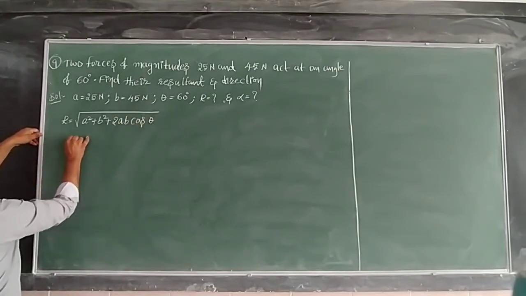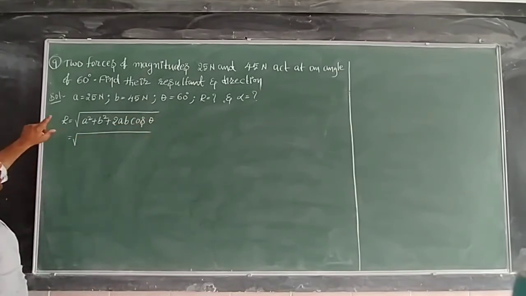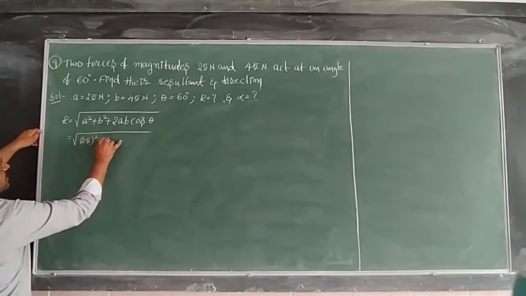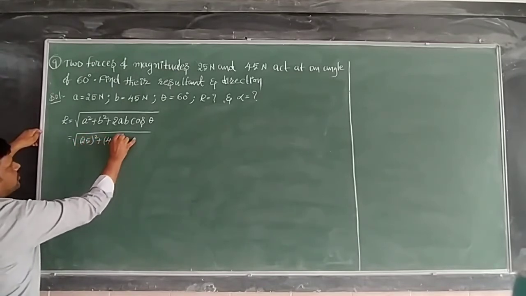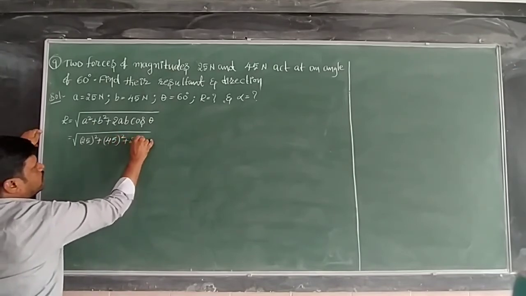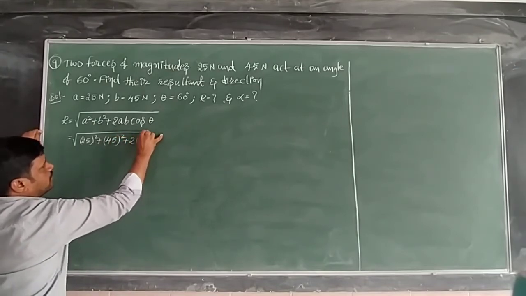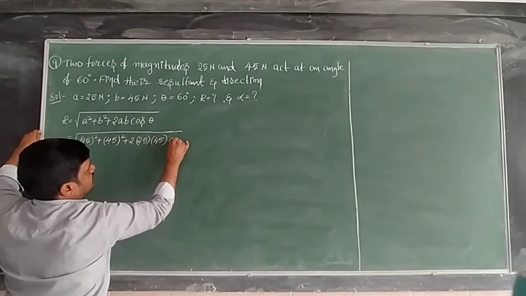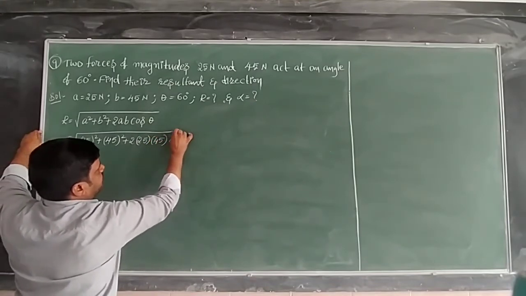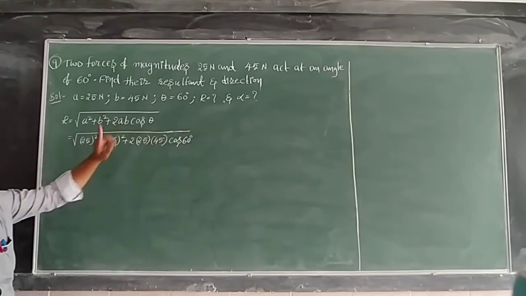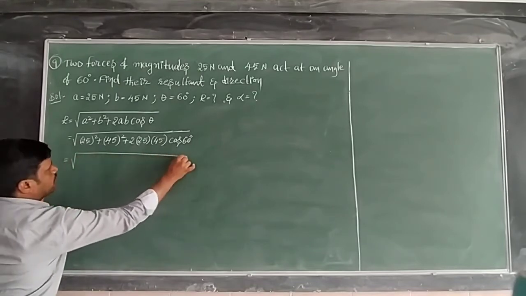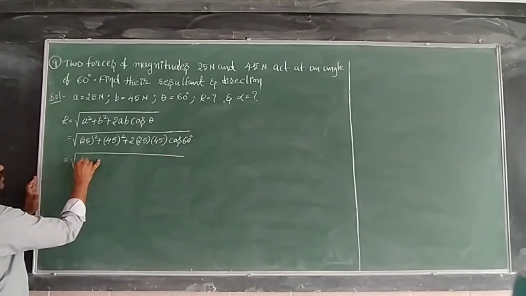So here we have 25 whole square plus 45 whole square plus 2 into 25 into 45 into cos 60 degree. Theta is the angle between the two forces. 25 whole square is 625.